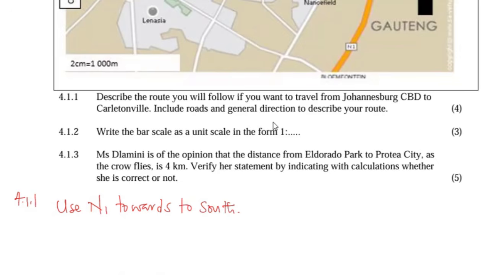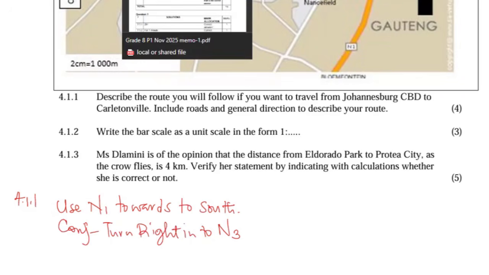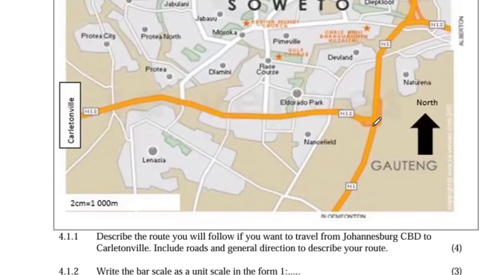Then at the conjunction, turn right into N3.